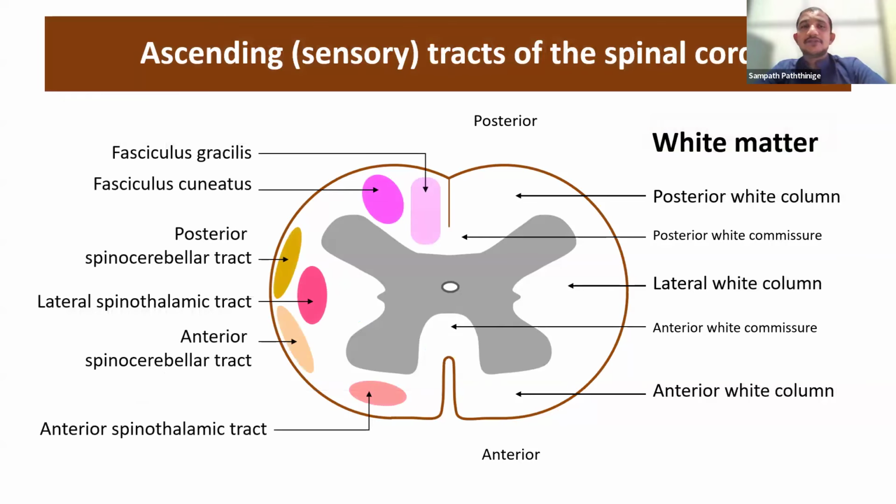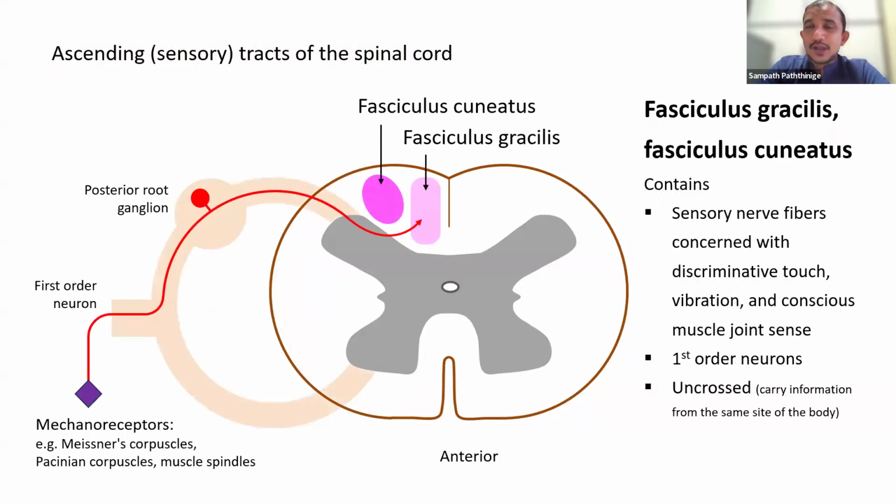Just have a look at each of these tracts separately because that is important to identify their clinical relevance. If we look at the posterior column, the fasciculus gracilis and the fasciculus cuneatus, they contain the uncrossed first order neurons, right? That is a first order neuron, the same neuron which is arising from the receptors.